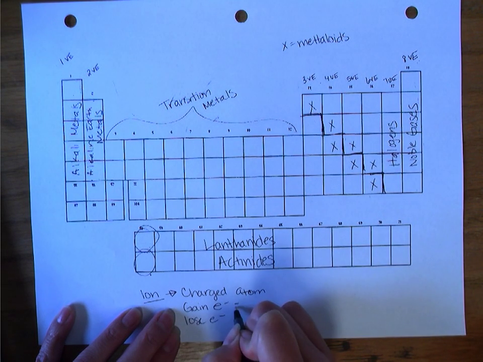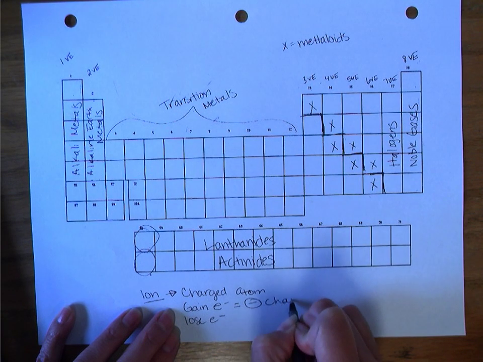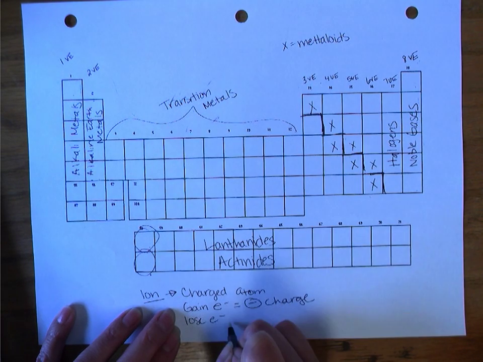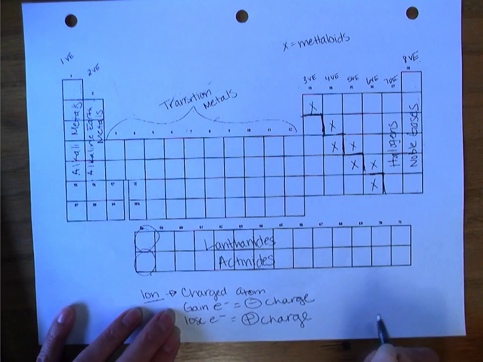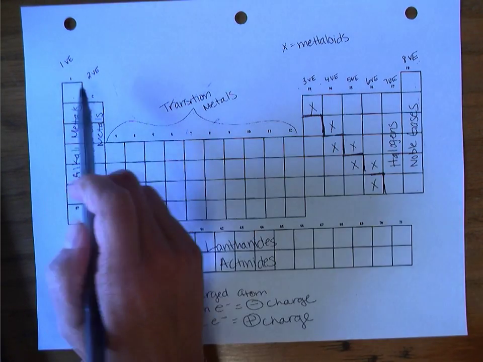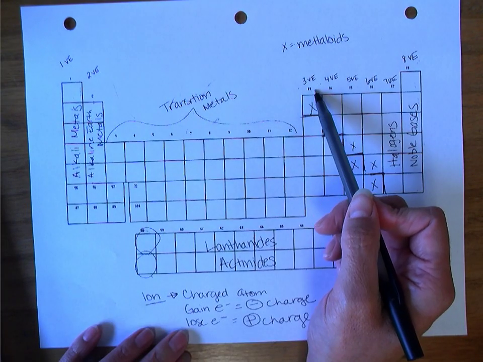If it gains electrons, it gets a negative charge, and if it loses electrons, it's going to have a positive charge. The hardest thing is probably figuring out what it is going to do. I'll give you a hint.